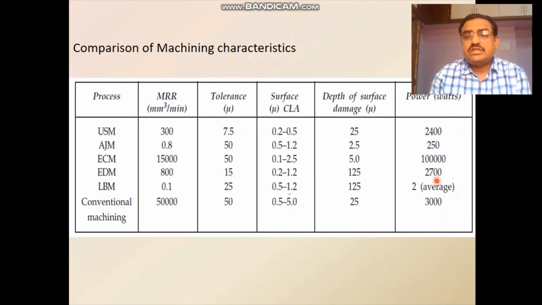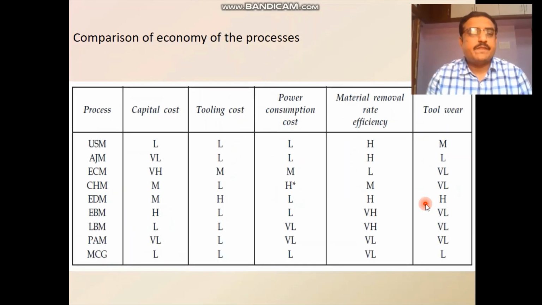And power consumption is given in watts. For conventional it is 3000, and for non-conventional, power consumption is higher than the conventional machining process. So with these output parameters, you can compare conventional and non-conventional processes with each other.